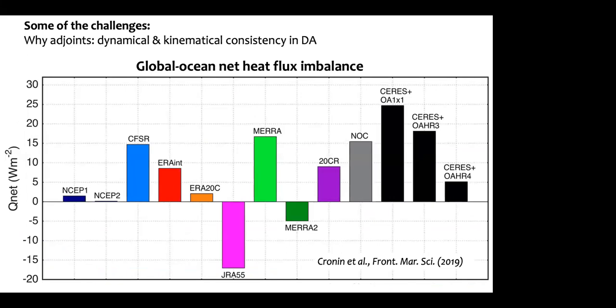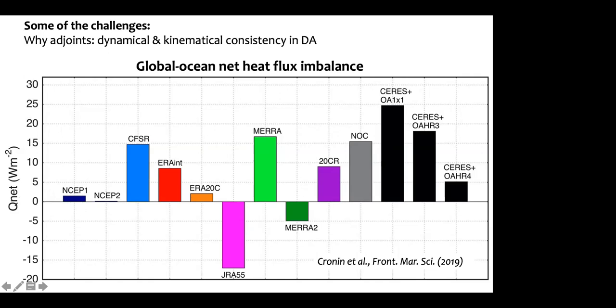An example or a hint of how this can go wrong at the global scale: if you take the net air-sea heat fluxes integrated over the ocean, take the annual mean, and look at this for several decades, these are the net imbalances in the net air-sea heat fluxes from different reanalyses. It's anywhere between -20 and even +30 watts per meter square.